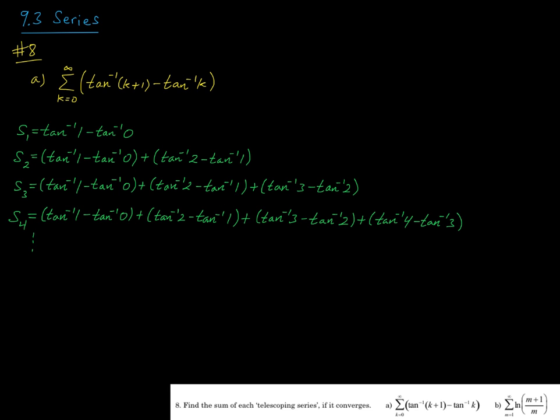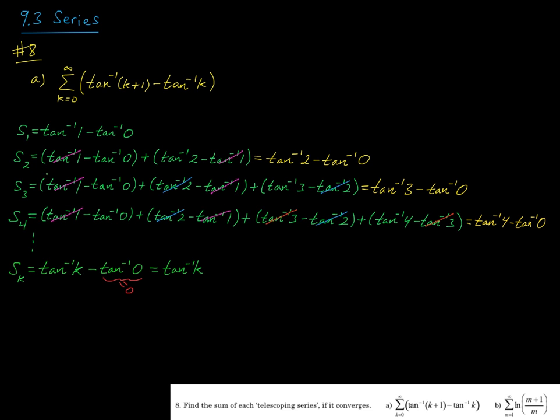Okay, so here notice that with S2, we lose the arctan of 1, leaving us with arctan 2 minus arctan 0. For S3, we lose arctan 1 and we lose arctan 2, leaving us with the arctangent of 3 minus the arctangent of 0. And S4, we lose arctan 1, arctan 2, and arctan 3, leaving us with just the arctangent of 4 minus arctangent of 0.